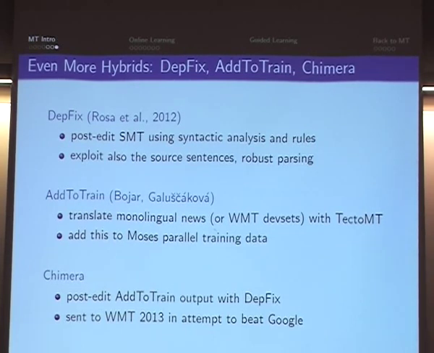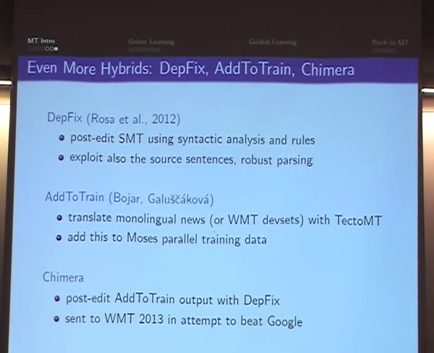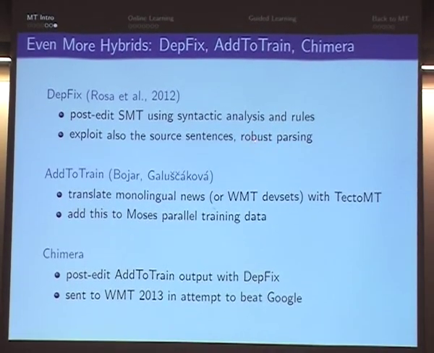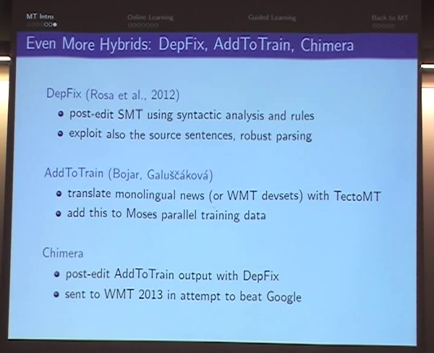So first Moses or another system like Google translates a sentence, and then DepFix analyzes the sentence. Actually, it needs robust parsing since there are errors in the output, and it also exploits the source sentence, and there are manually written rules mostly to improve agreement and other grammatical categories.